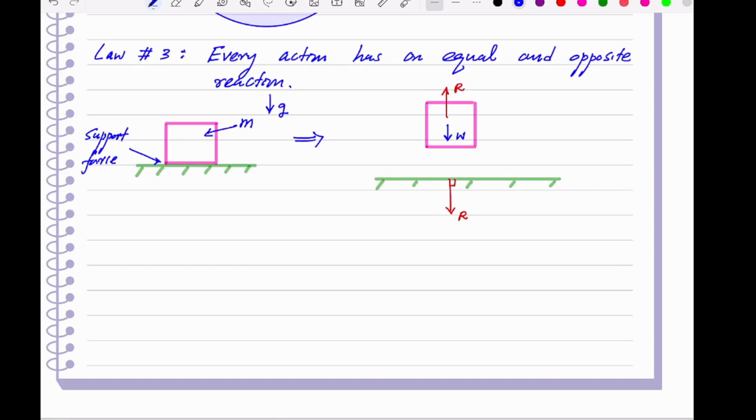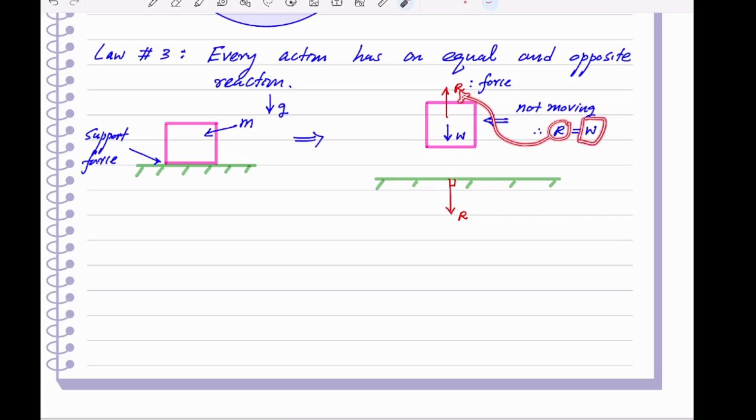Now, the best part is this. When you keep this object on the floor, this object is not going to move. If this object is not moving, that will tell you the forces are equal to each other. These are forces. So we can say R force is equal to W. This R is nothing but this.